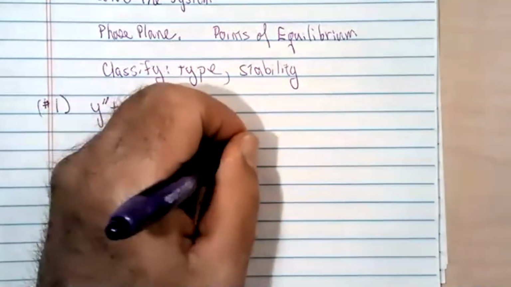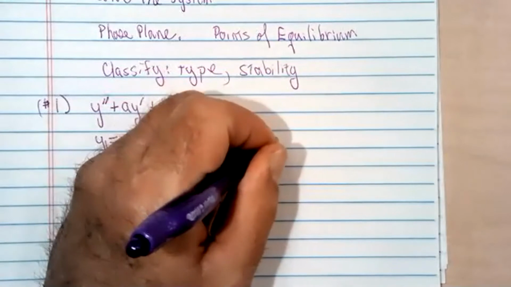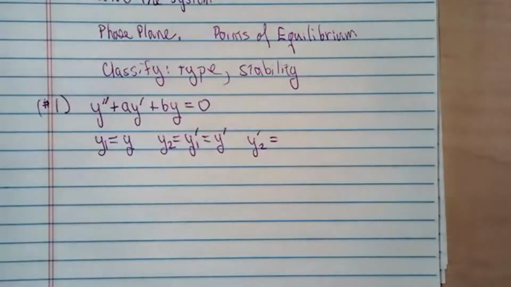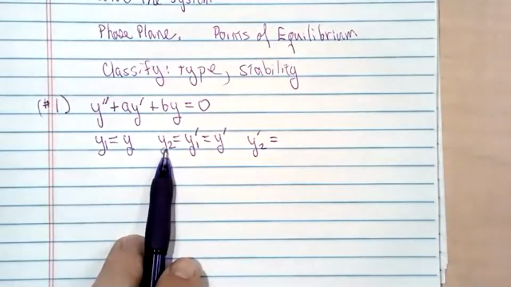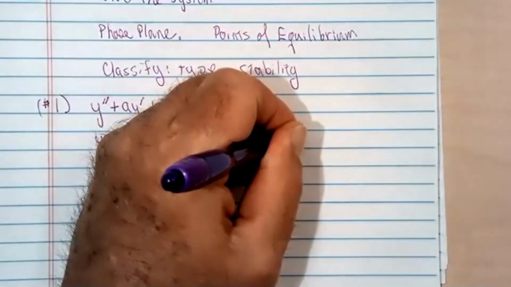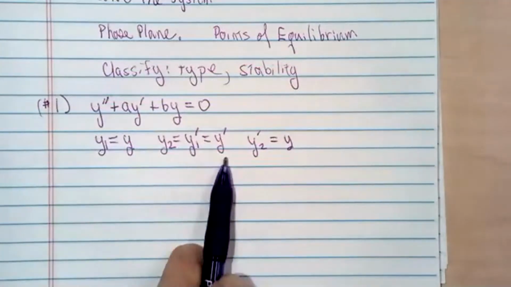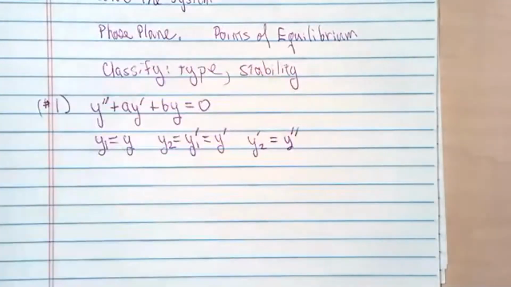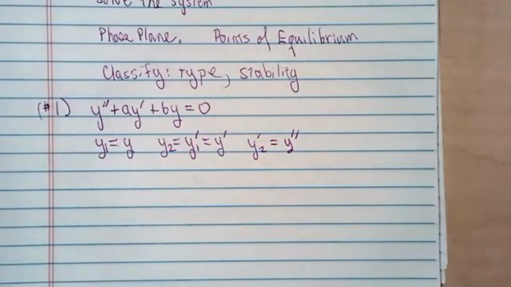And y2 prime is the derivative of y2, of course, but that's also the second derivative of y, and it's also the second derivative of y1.